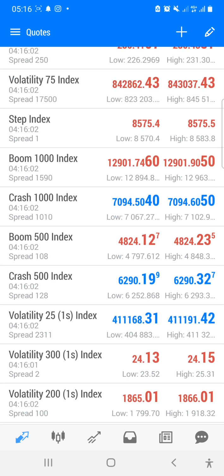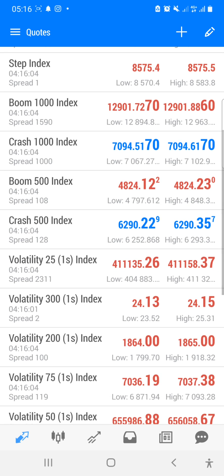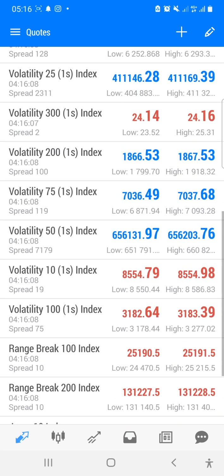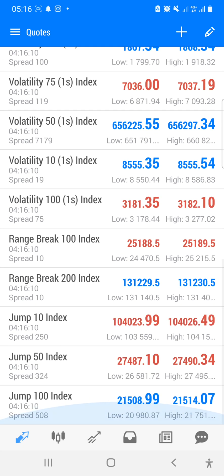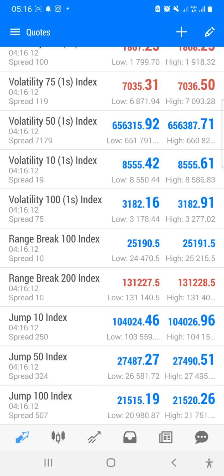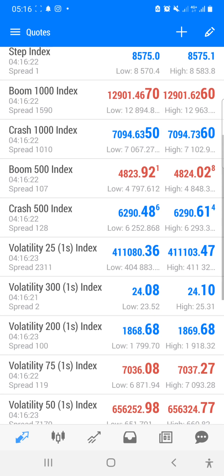We have the step, which I made mention of in the voice note I sent. Boom 1000, crash 1000, boom 500, jump 10, step, as well as range break. That's about 5 types, but under those 5 we have different types.